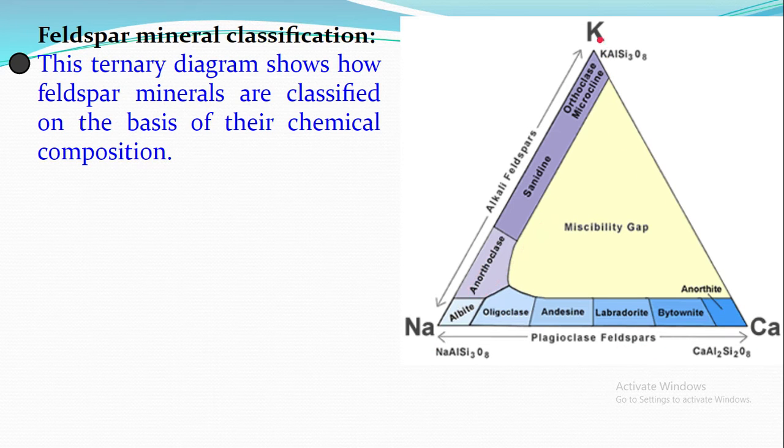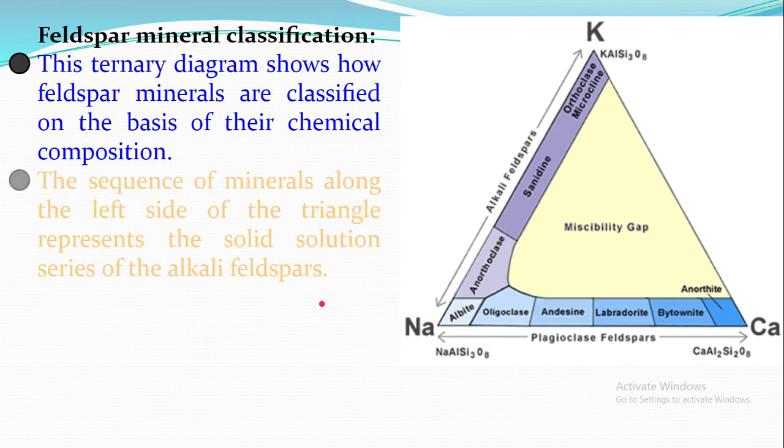The apexes are potassium aluminum silicate, orthoclase, albite, and here we have anorthite. So we can explain the chemical composition of most of the feldspar by this ternary diagram.